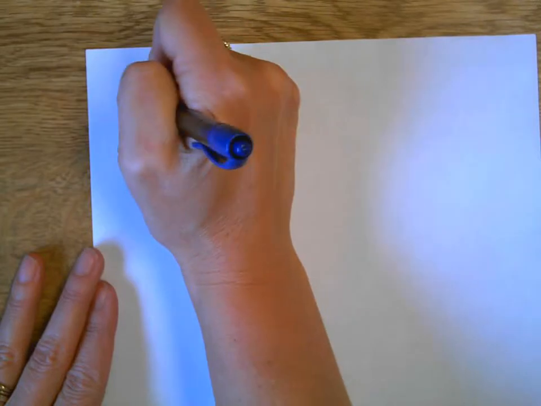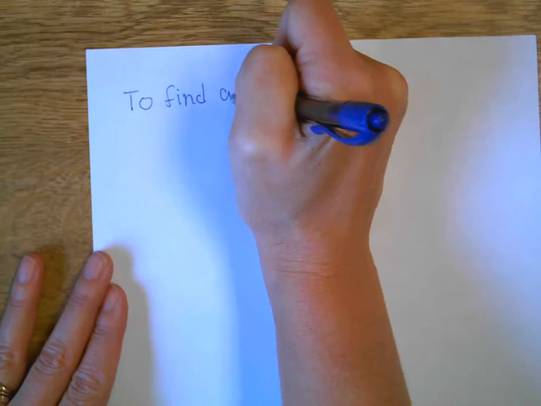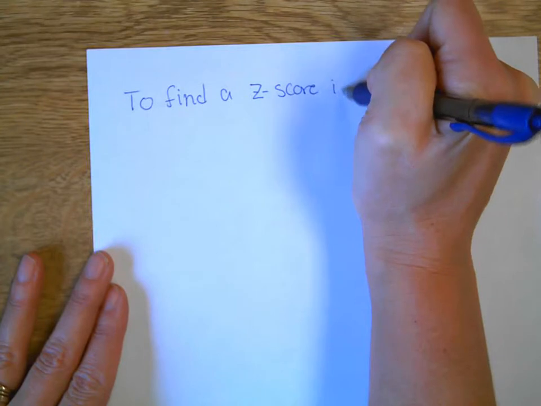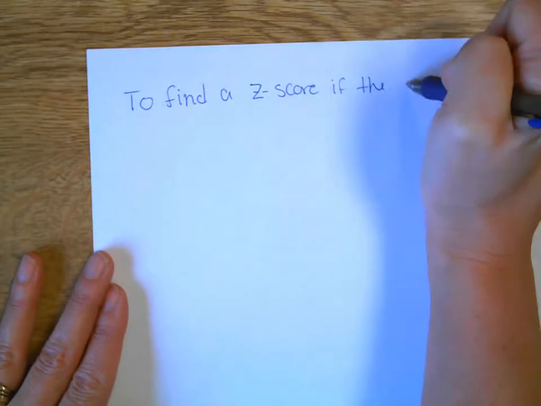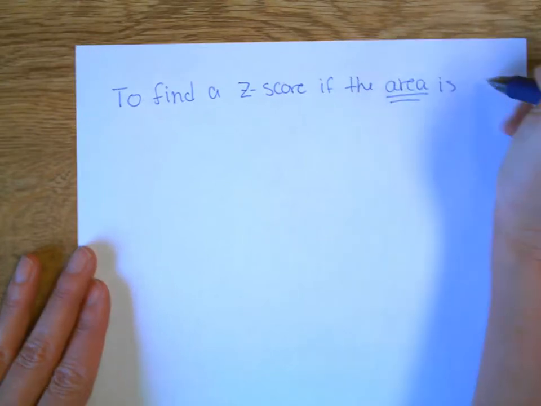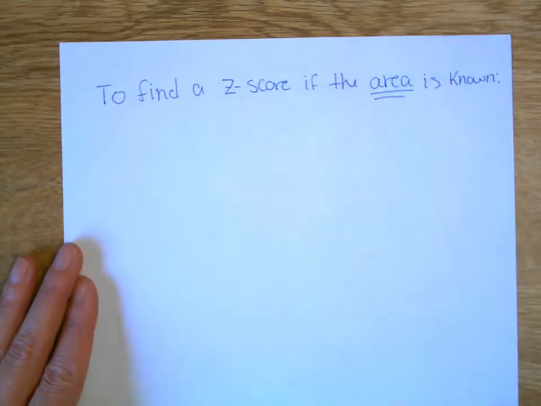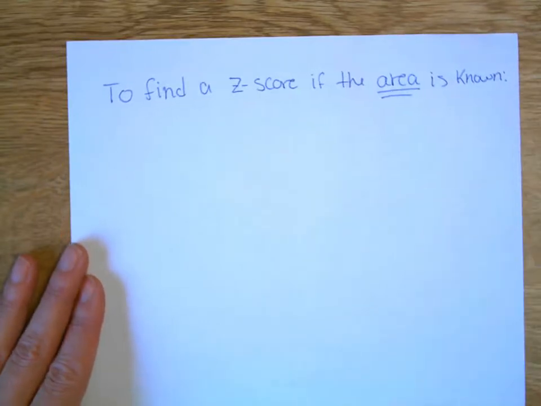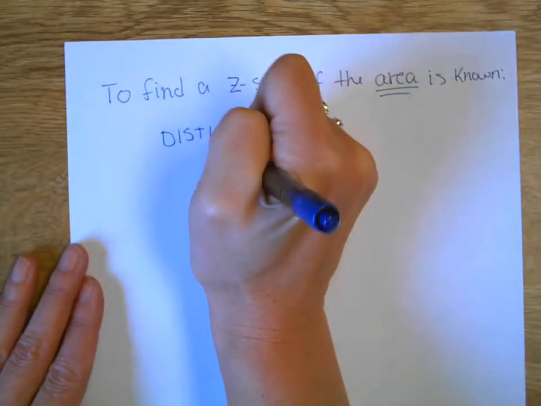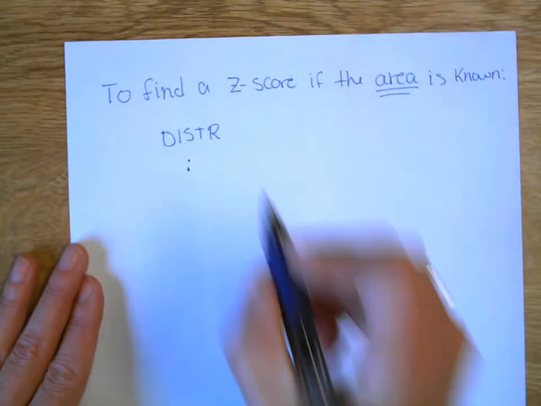Here we go. Alright, so number 2. Find a z-score if the area is known. You're going to go under that distribution, and you're going to look for inv norm.